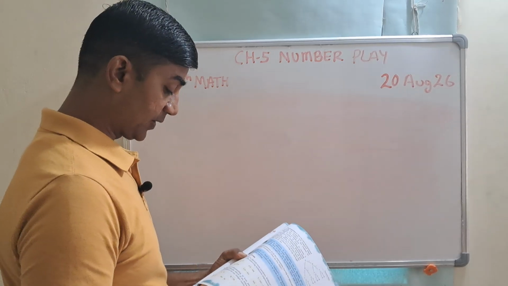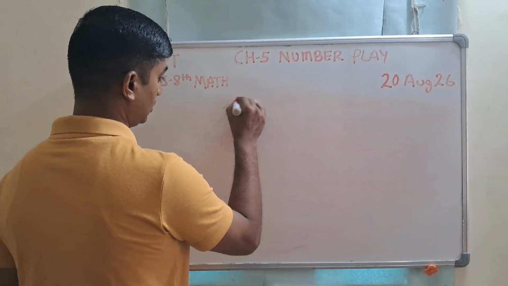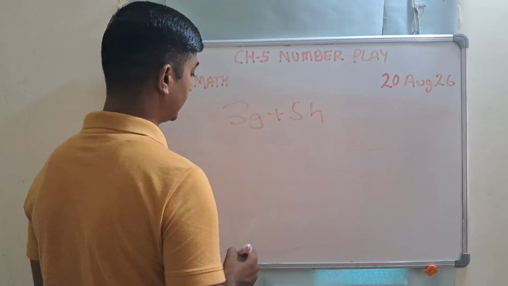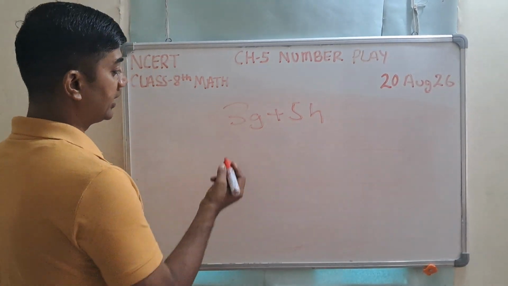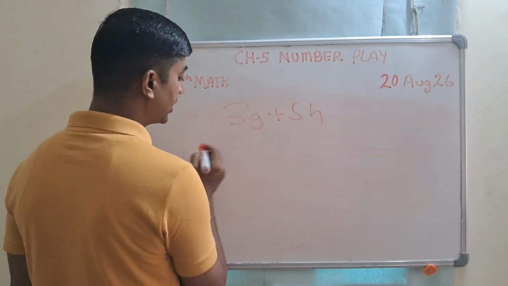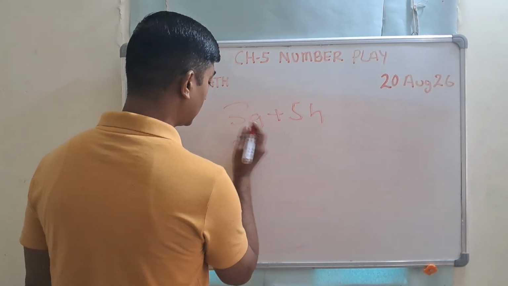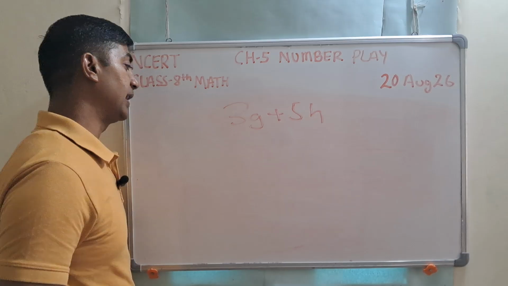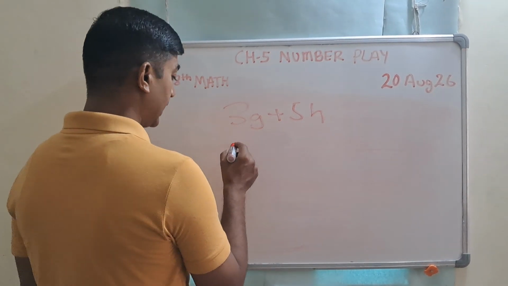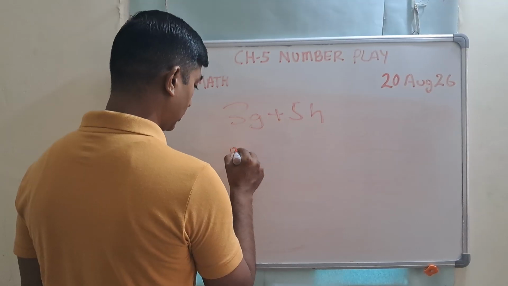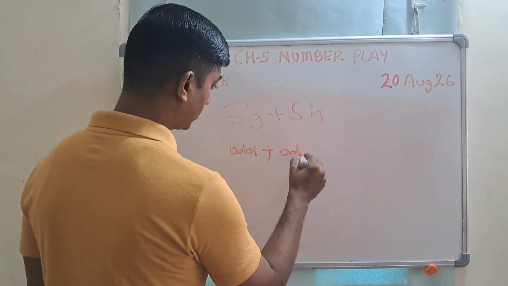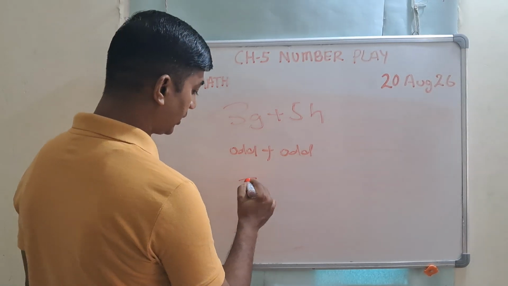Next is 3g plus 5h. Now see, when you multiply any number by an odd number, you will get an odd number, and here also you will get an odd number, but the sum of two odds is even.